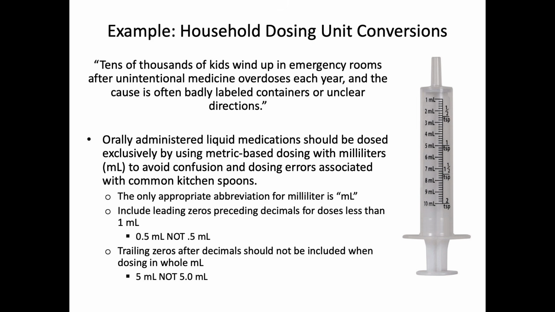Using a teaspoon and a tablespoon to actually measure a volume is a terrible idea. We should always be dispensing oral syringes like the one pictured here on the right. The advantage of this sort of oral syringe is that it is obviously much more accurate in measuring volume than a teaspoon or tablespoon would be. But it also gives both a volume in milliliters on the left and the household measurements of teaspoons and tablespoons potentially on the right.